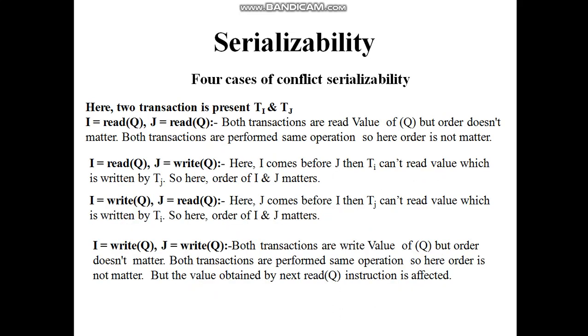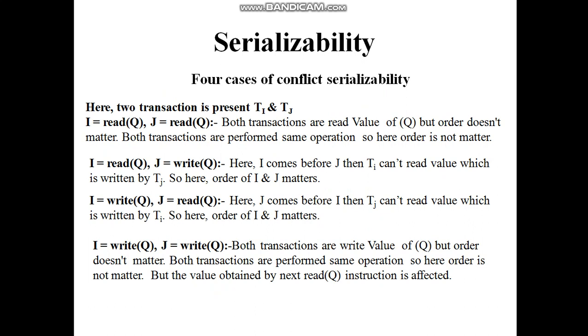So next is serializability. There are four cases of conflict serializability. Here two transactions are present, Ti and Tj. The first is that both transactions perform a read operation. Here the order does not matter because both transactions perform the same operation. The next is read and write.